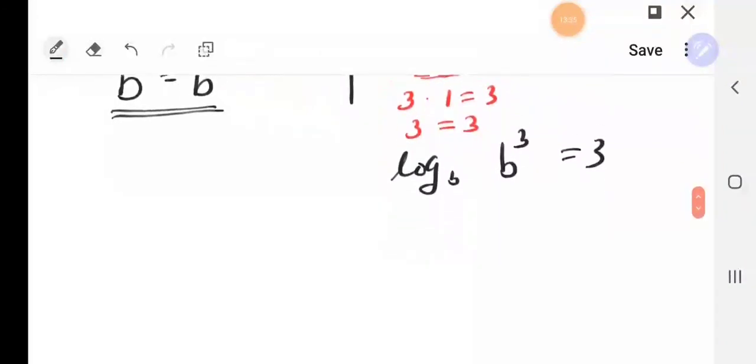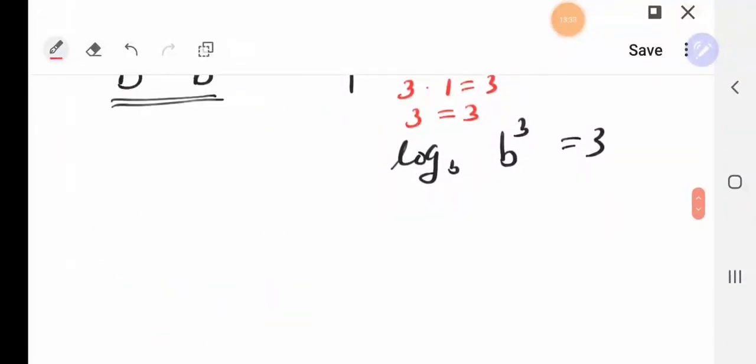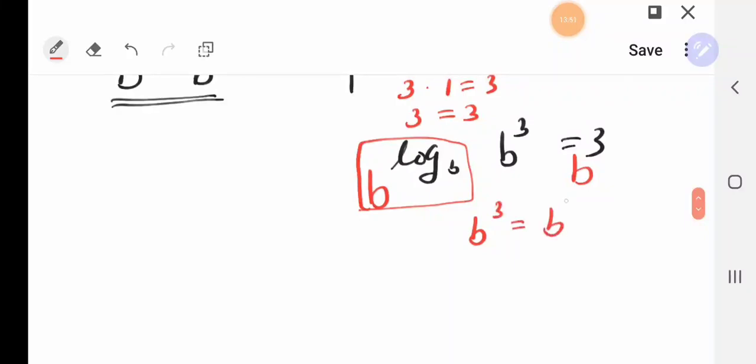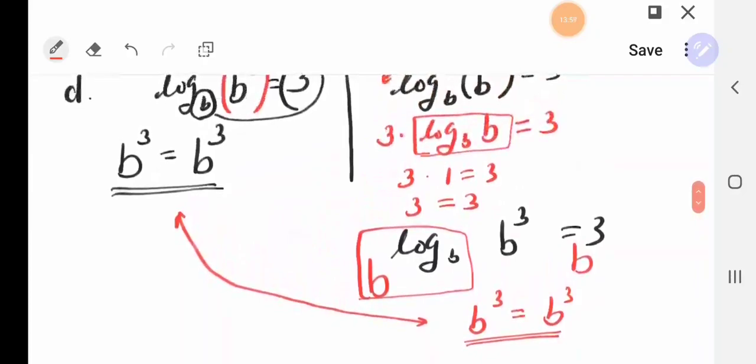So from here, let's take base b on each side. Then this will be removed. So we have only b cubed left, and the right side is b cubed. So this is the exponential form, which is the same as the result using the first method.